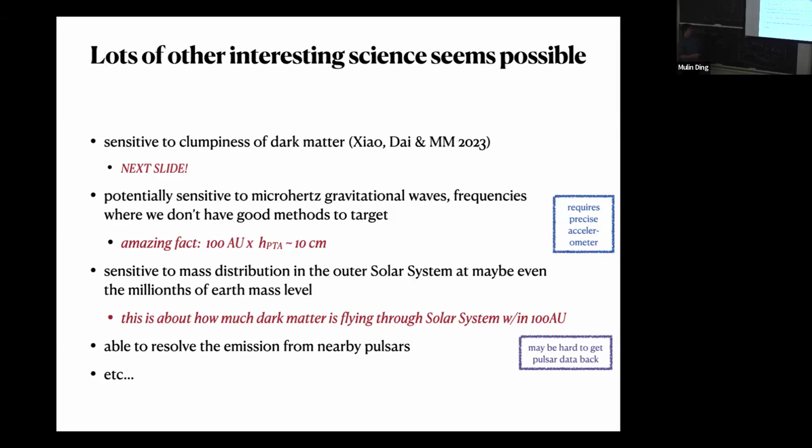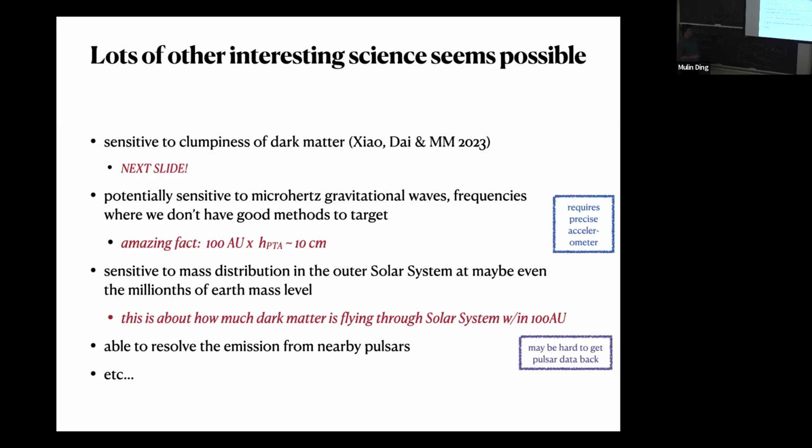An amazing fact is if you take a detector separated by 100 AU, and I take the strain that the PTAs measure at 10 nanohertz, and you multiply those, that's 10 centimeters. So if you can make your thing inertial over a year time scale, then maybe you could even measure this.